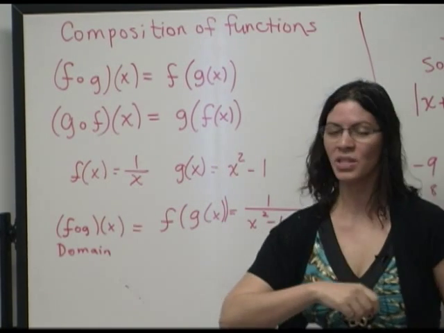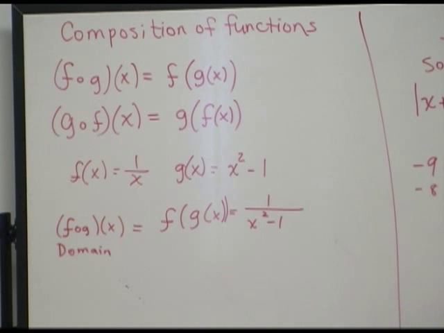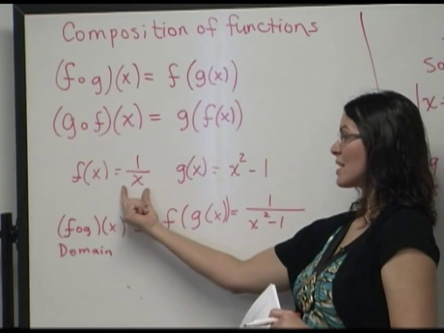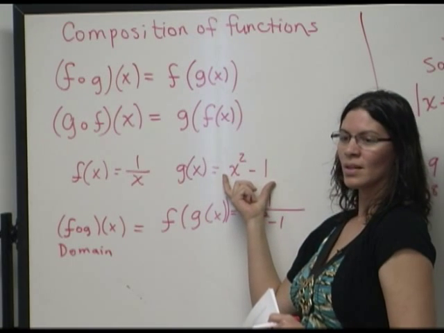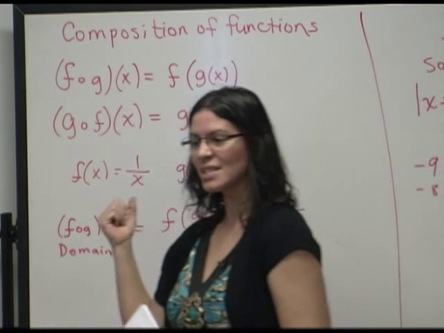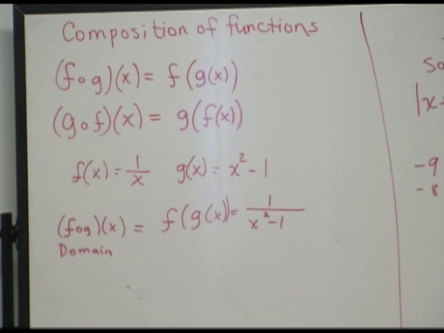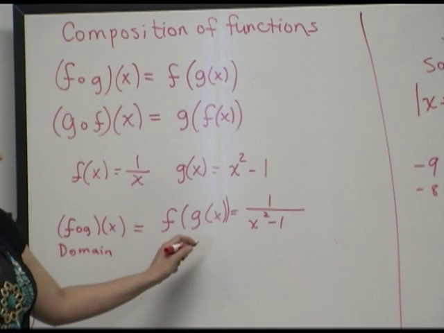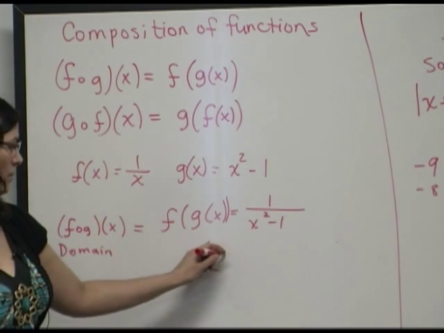We're dividing by a variable, so that variable cannot be what? 0. Cannot be 0 because we can't divide by 0. So basically, what's going to go in this x is going to be g of x, right? So g of x cannot be 0. What number will make g of x 0? What number will make this 0? 1, right? 1 minus 1 equals 0. So the domain of this function is what? All real numbers except for 1.